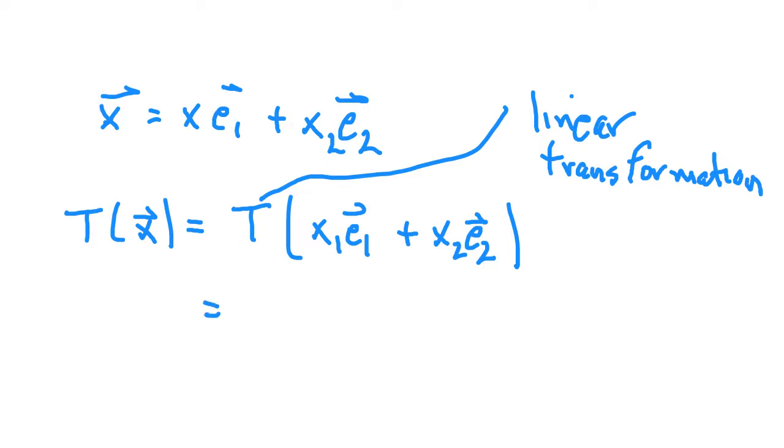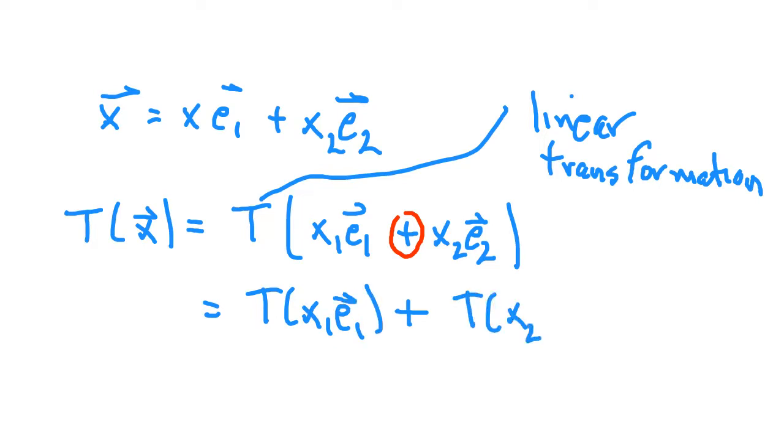And one of the properties is that the transformation of a sum is equal to the sum of the transformations. That's one of the properties. Now, another property is when you transform a scalar times a vector, the scalar can be brought out front of the transformation.